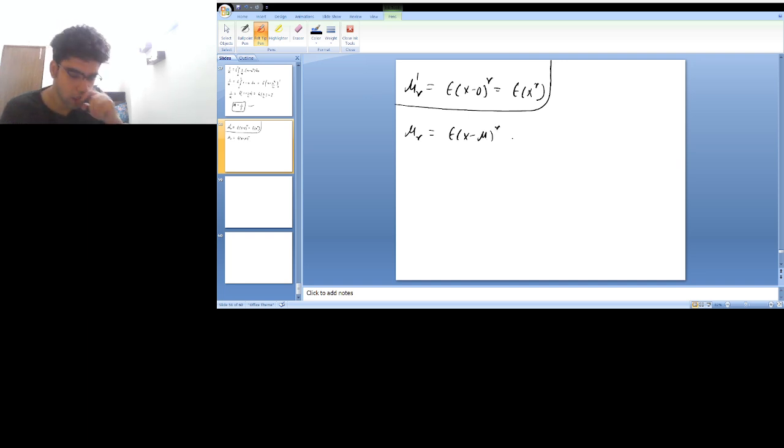Now we know that the value of mu is the first moment with respect to the origin, which is E(x), the arithmetic mean, and this was equal to half, I think. This is half only, right?